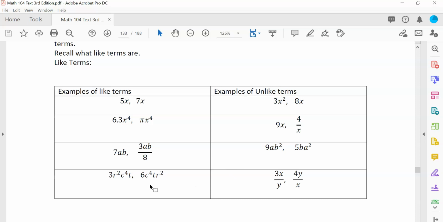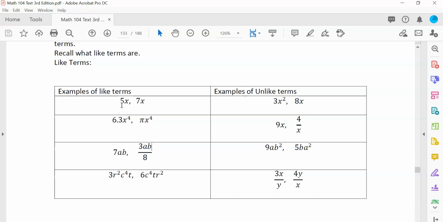One other thing about like terms is that if you have terms with multiple variables in them, the order is not important. So we have r squared c to the fourth t. If you rewrote that as c to the fourth t times r squared, that and that are like terms.